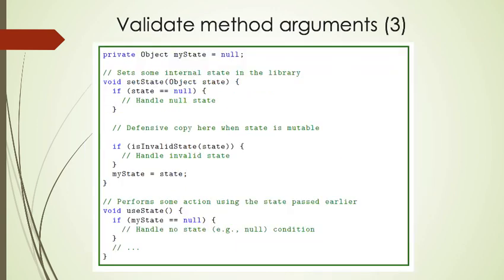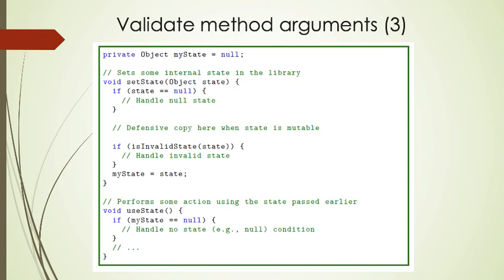Now, instead, you should implement it like this. I know there's a whole lot more code that you have to write, but that's the price you have to pay for security. So instead of just setting the private attribute, the set method now tests the argument first to see if it's null, and then runs some unspecified validation check method that you have to implement yourself.